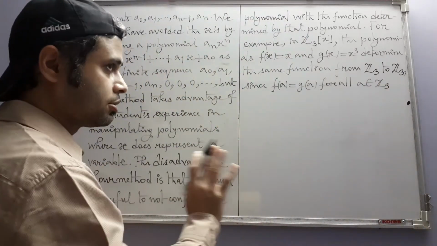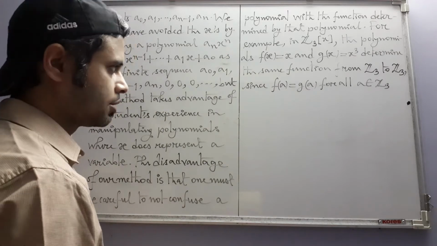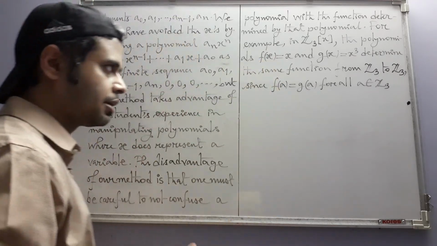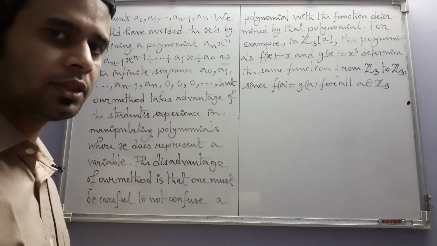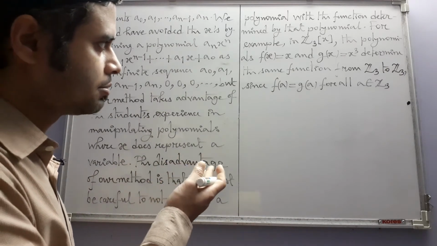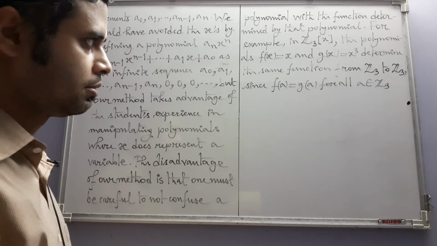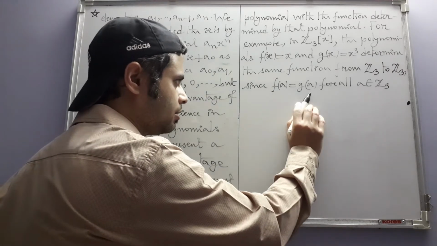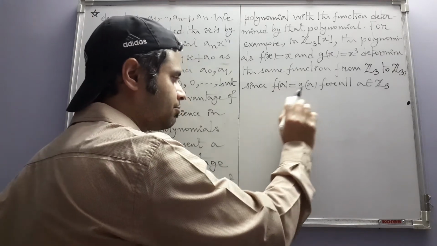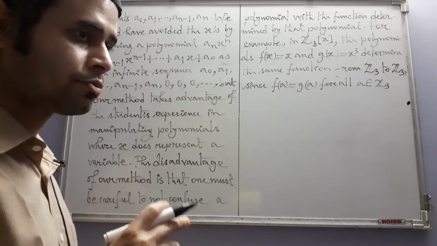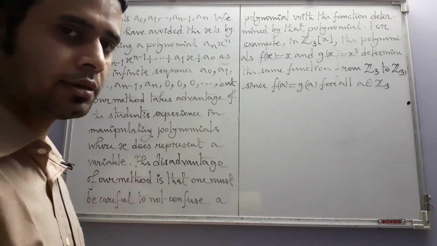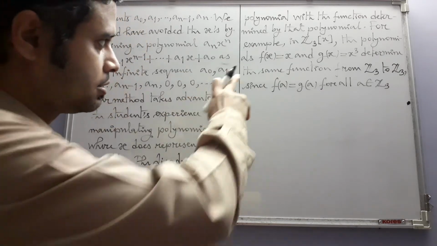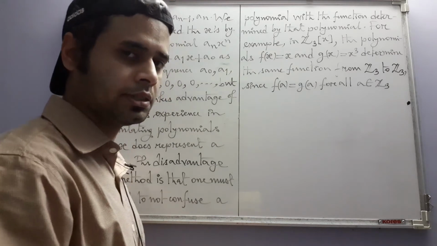However, we should say what f(a) means, because we keep saying that we should not think of x as a variable, but it seems like we are treating x as a variable. Here f(a) and g(a) are those functions being evaluated at a, which the polynomials f(x) and g(x) determine respectively.